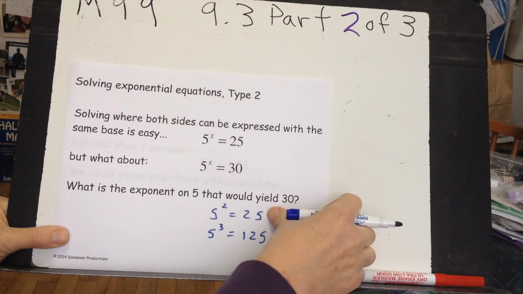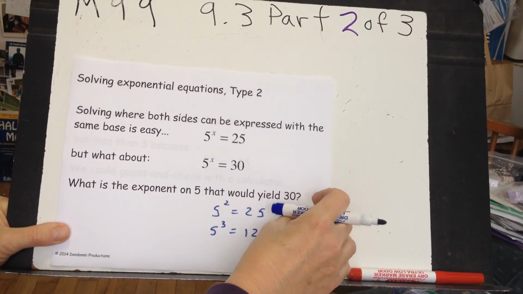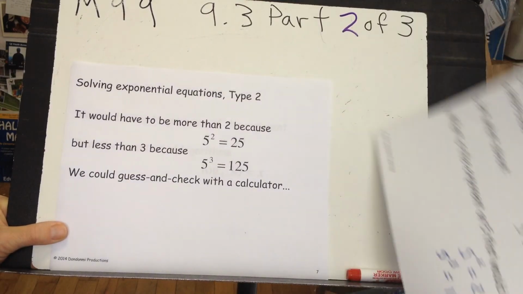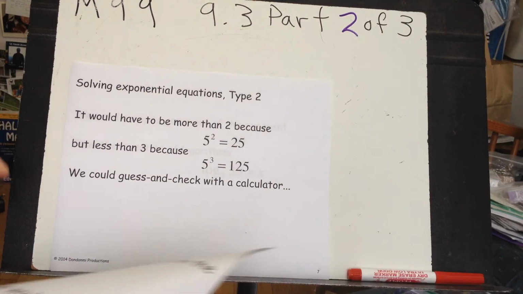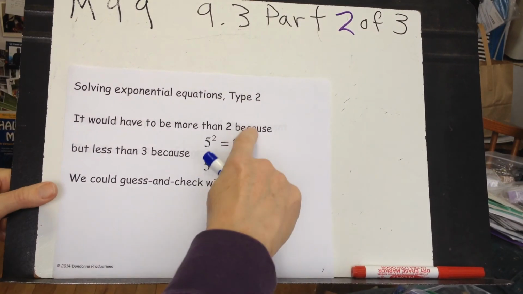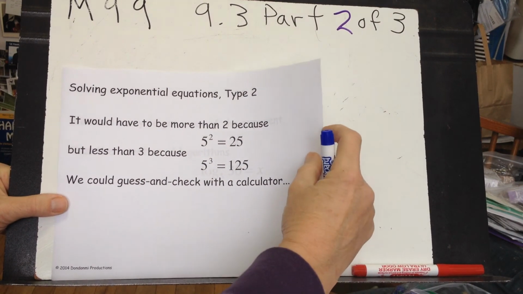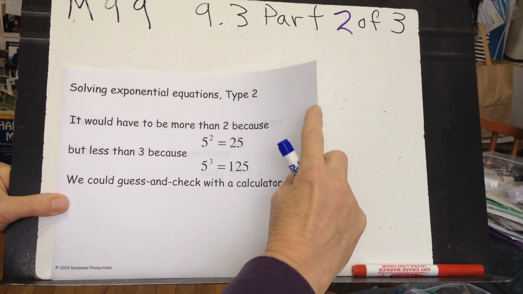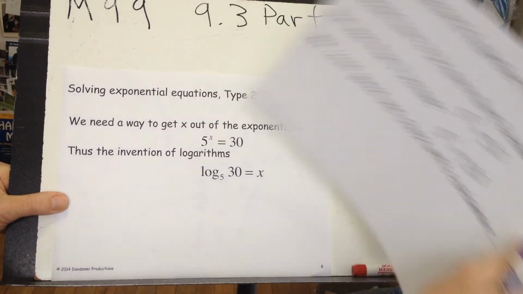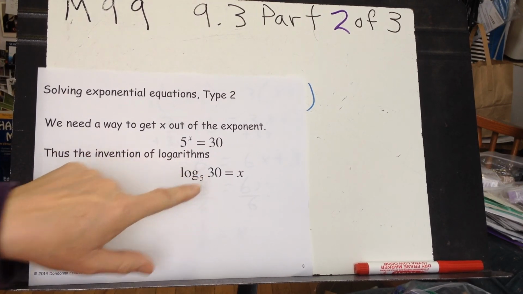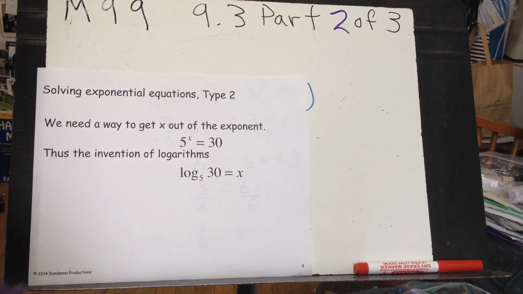So that's where we're heading with solving exponential equations, and this again is a type 2 exponential problem. Yes, it would have to be more than 2 because 5 squared is 25, and less than 3. So that's why we have the invention of a logarithm, and that's where we're going with that.